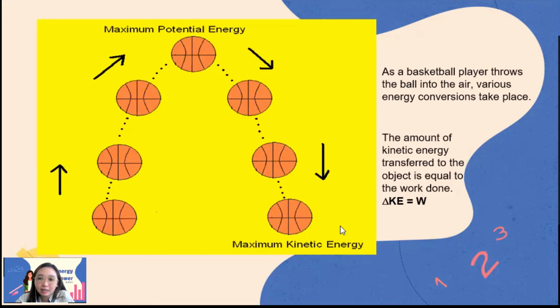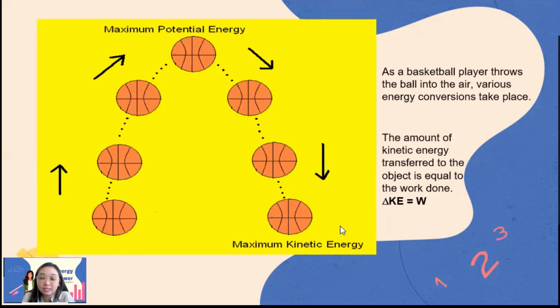Ay ma'am, nakatigil po yan. Potential energy lang po yung meron yan. Hindi, mga kapatid. So even though an object is moving, an object is about to move, or an object is about to stop, it has potential energy or it has kinetic energy. Kasi nga, yung energy, hindi po yan nawawala. Nagko-convert lang po yan. Nagta-transform lang po yan into one form to another.